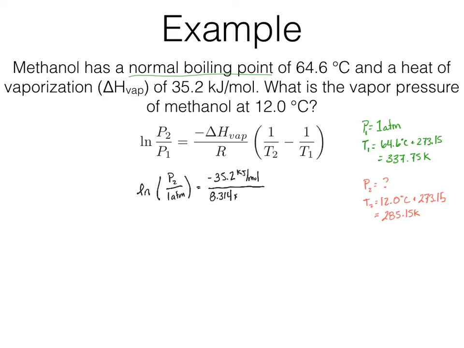I'm going to put my R in terms of kilojoules since that's what my enthalpy of vaporization is: kilojoules per Kelvin times mole, times 1 over T2, which is 285.15 Kelvin, minus 1 over T1, which is 337.75 Kelvin.